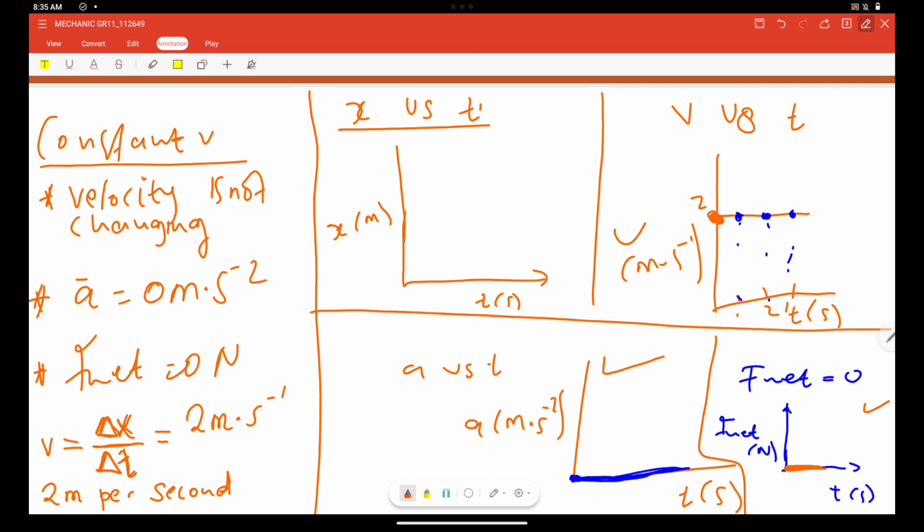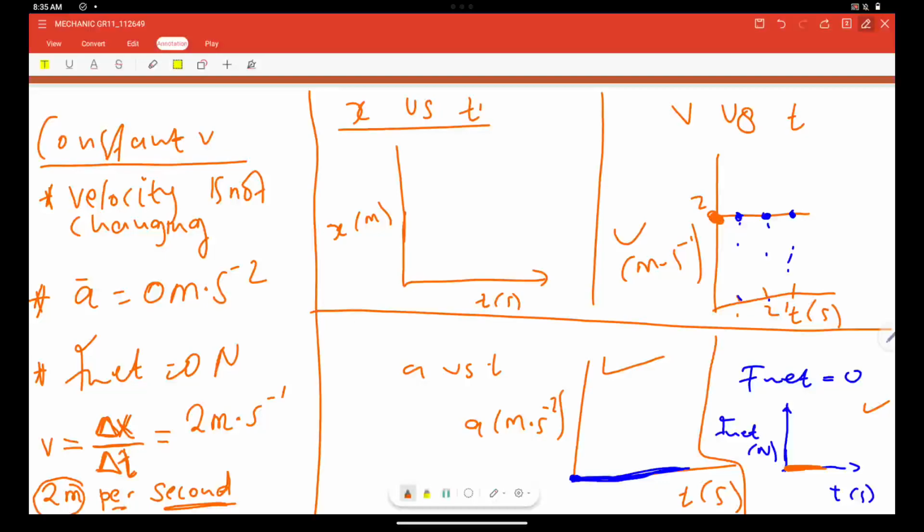What this means is the position changes by 2 meters for every second that passes. So it means that the position is changing with the same interval for every second that passes.